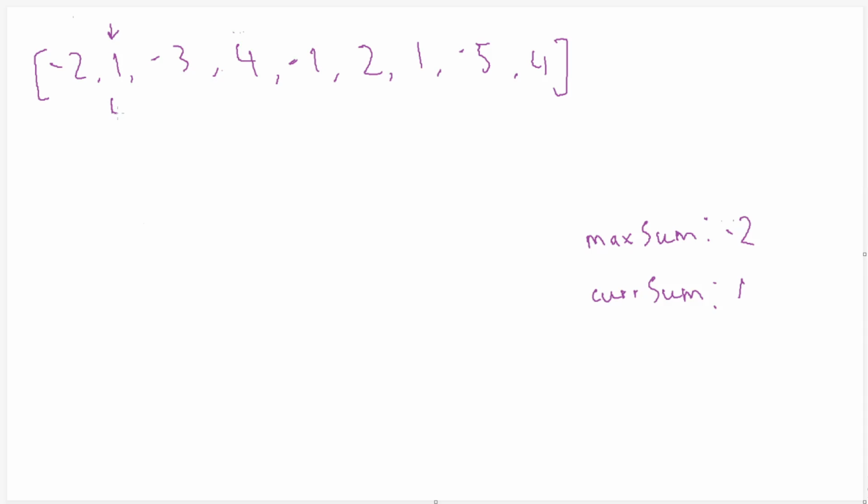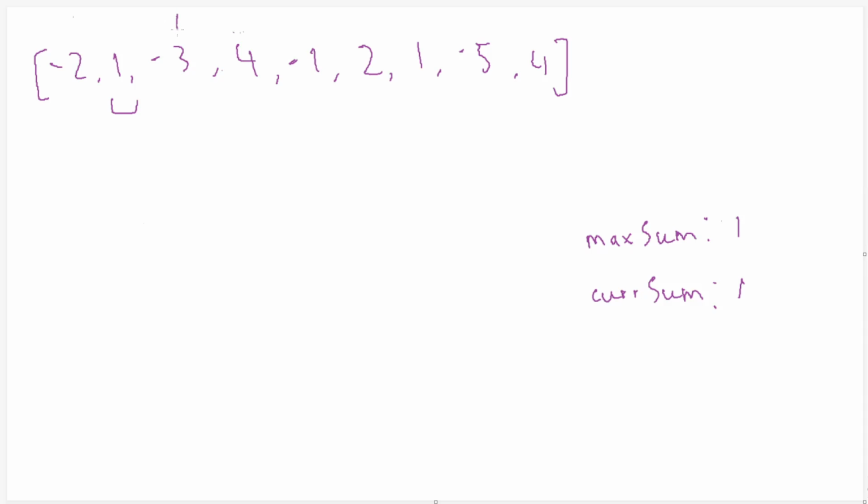Our max is updated appropriately because 1 is greater than the previous value of -2. So we update this to 1. Okay. Then we move the pointer on again.